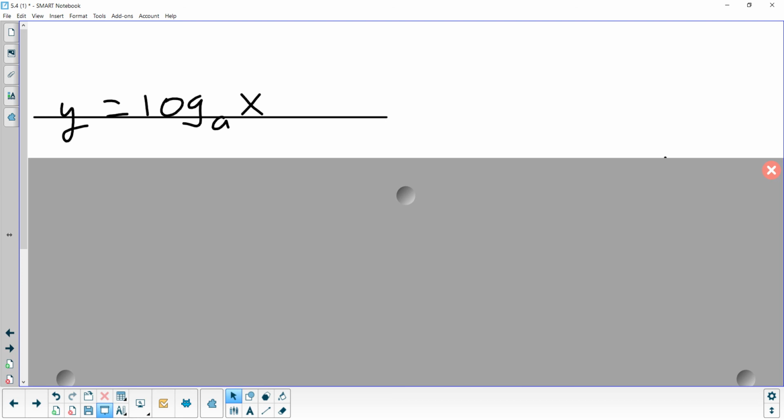Okay, there are no exponents anywhere in that expression. Some people think because the a is lower, oh, and the x is higher, the x is an exponent, but the x is actually right on the line. If you did this, now you have an exponent. Okay. There are no exponents in there at all.